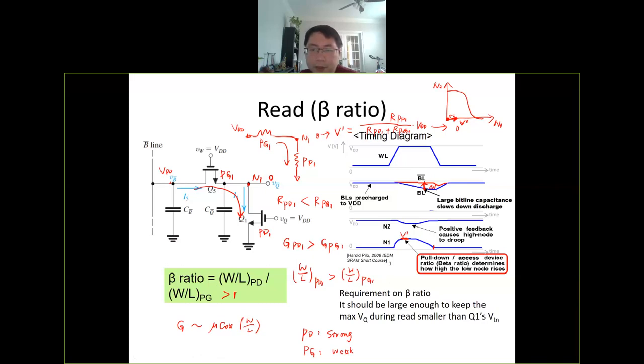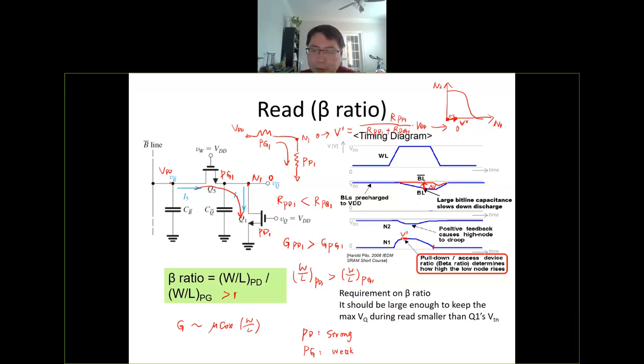I got another question. How much can this voltage rise? Will this rise up till the noise margin? It's not exactly the same as the noise margin, because this is a little bit more complicated. I don't want to discuss that in this class. But as long as you know that there's a limit in practice, like 100 millivolts, 200 millivolts.